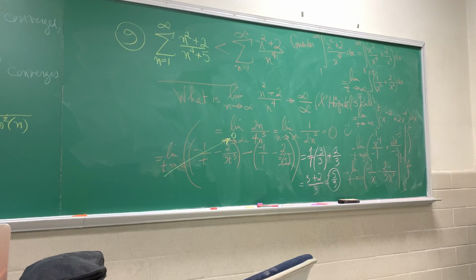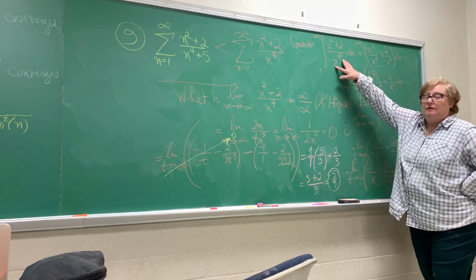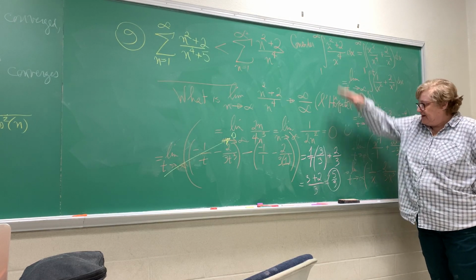So what does that say about our integral? Does the value of the integral matter right now? That's right. But what does it say about this integral? It converges, it has a value.